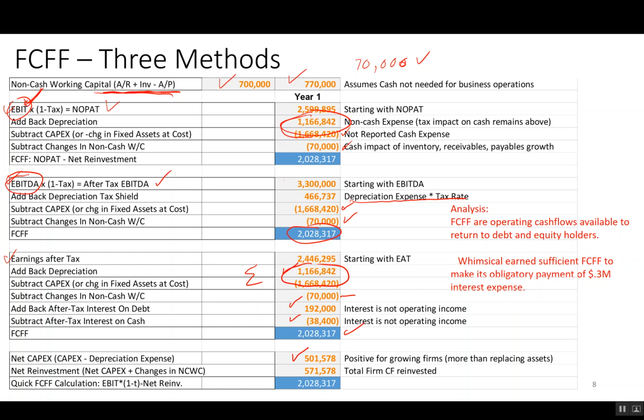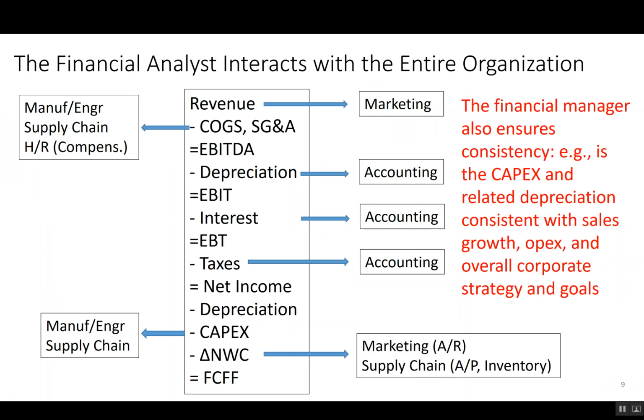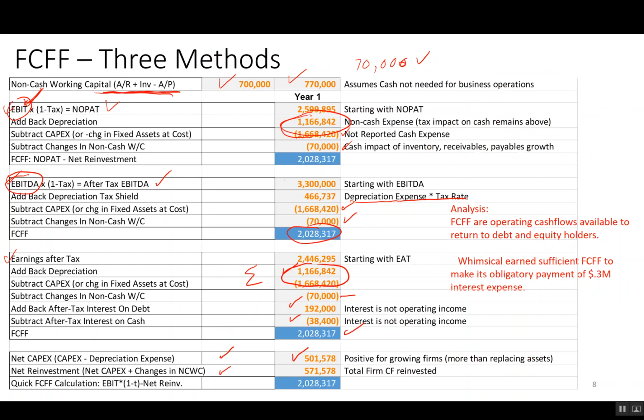And then the last thing we can do, we can take that CapEx minus depreciation, which is the net CapEx expense, and subtract the change in working capital, that $70,000. So in other words, we could take all of these numbers here and make one big number and call it the net reinvestment.